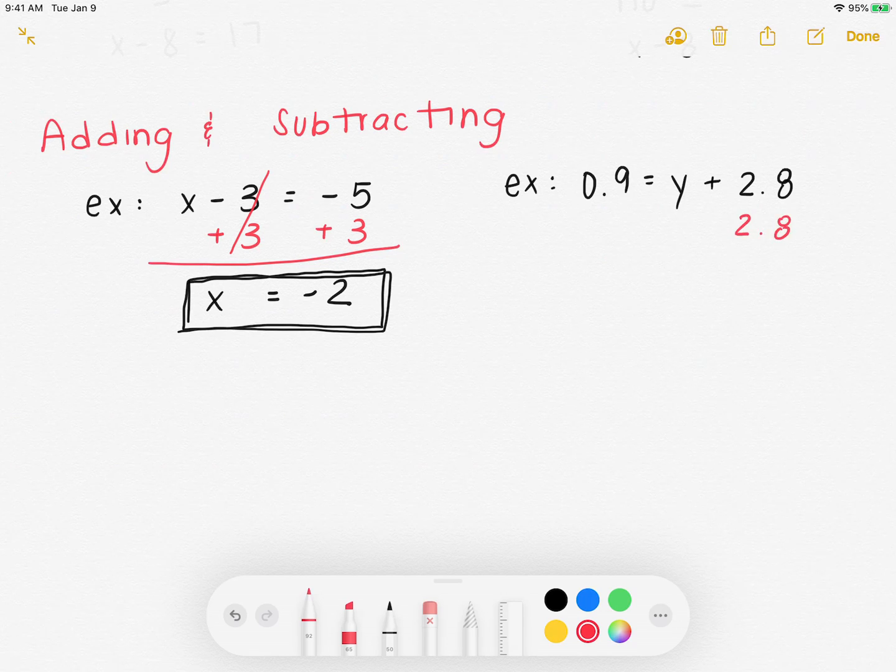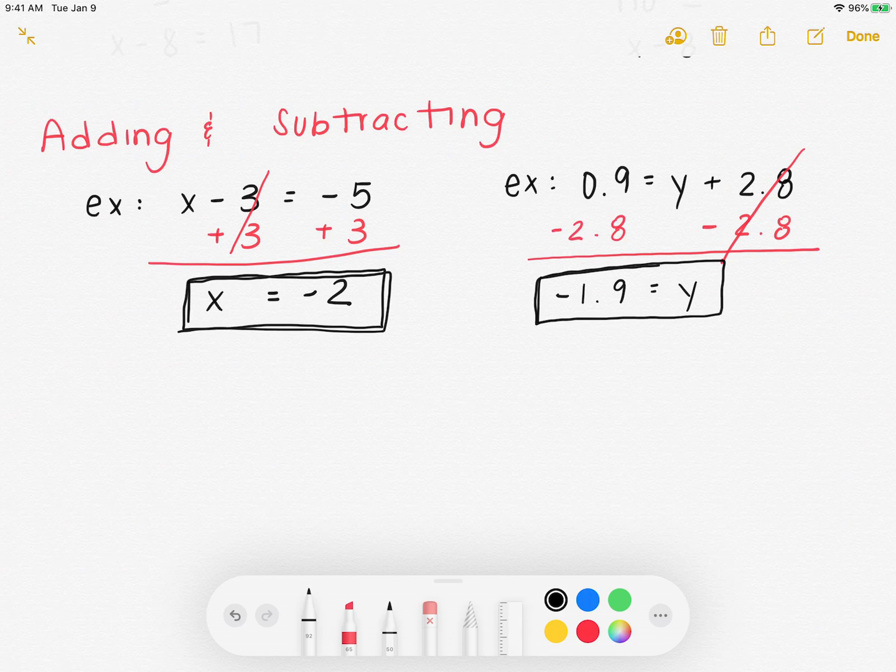I'm going to do the opposite, so since it's adding, I'm going to subtract, and I'm also going to subtract it from the other side. Now my 2.8s are gone. 0.9 minus 2.8 is negative 1.9, which equals y. And I'm all done. What do you think? Not too bad? You've seen this before, right?